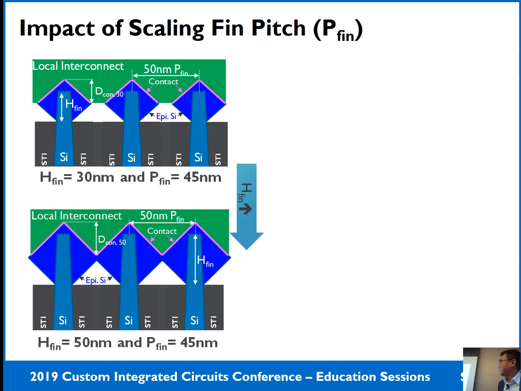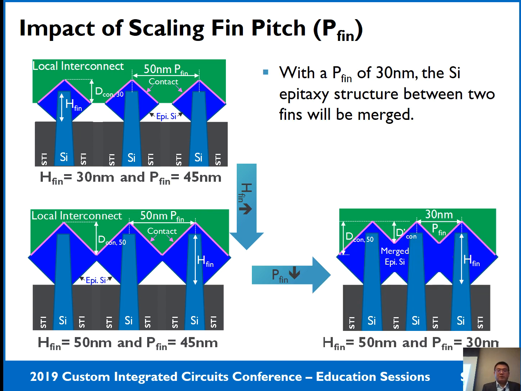So first, if the fin pitch is fixed at 45 nanometer, this means it is like a 16 or 14 nanometer FinFET technology, right? And the fin height is 30 nanometer to 50 nanometer. Your epitaxy volume will increase due to the taller fin, so your contact area or contact depth will increase by increasing the fin height. But once your fin pitch is further scaled, the epitaxy structure between two fins will merge.